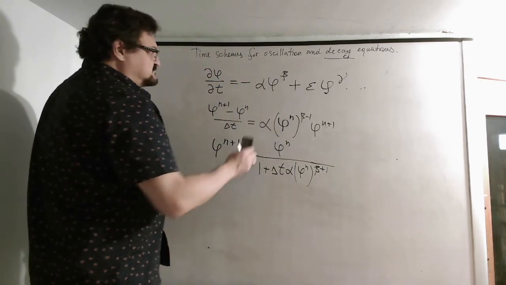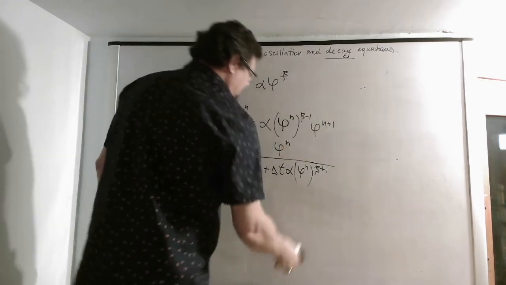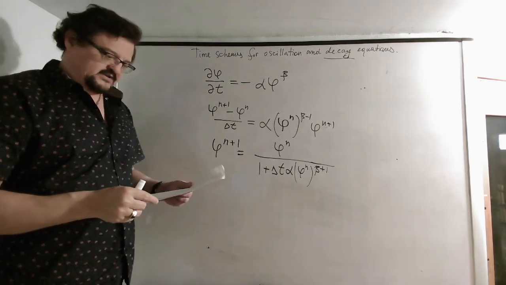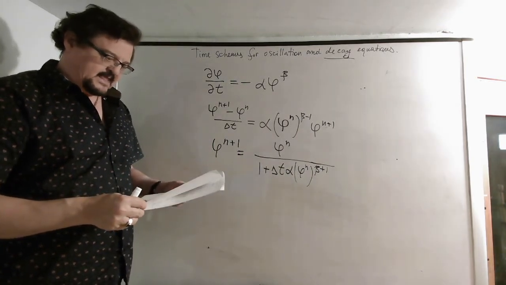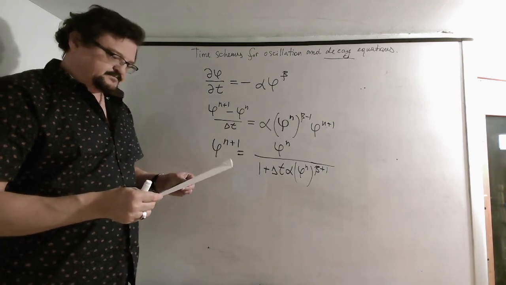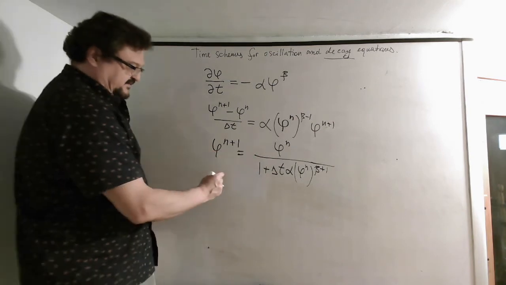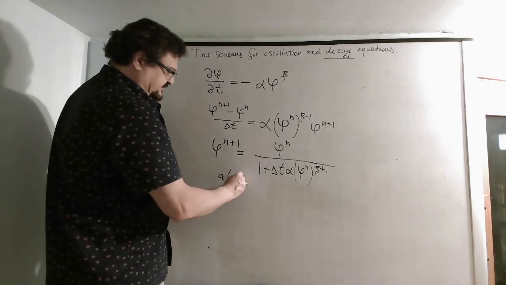So this is why it's very important to use an implicit scheme in your microphysics. It's always stable, so it always works.